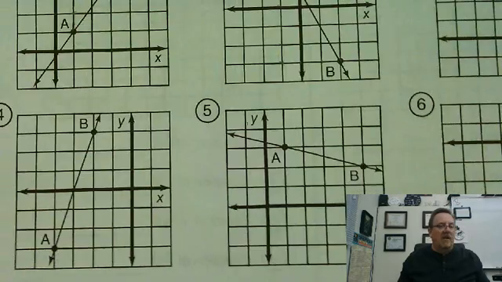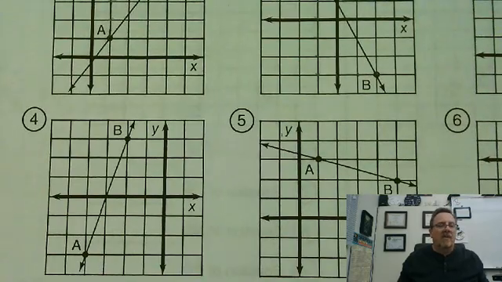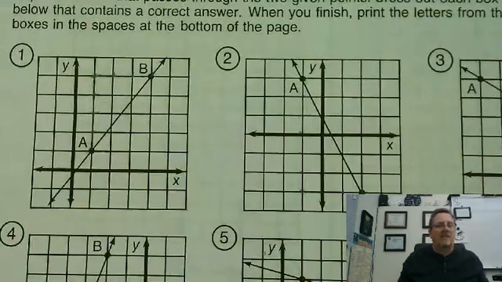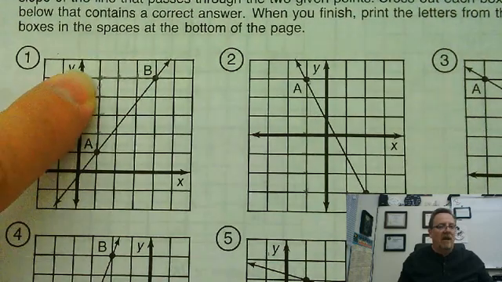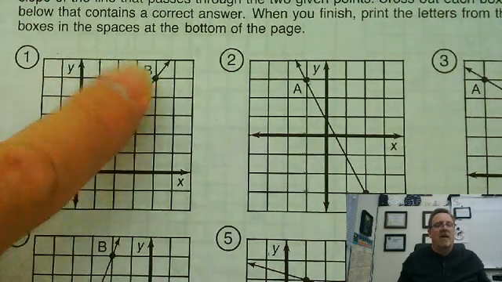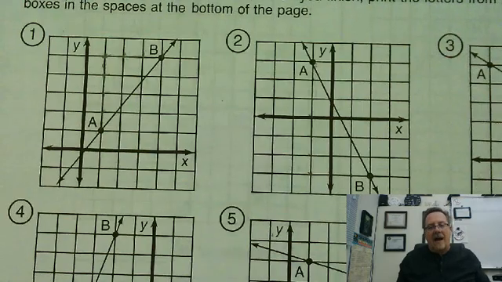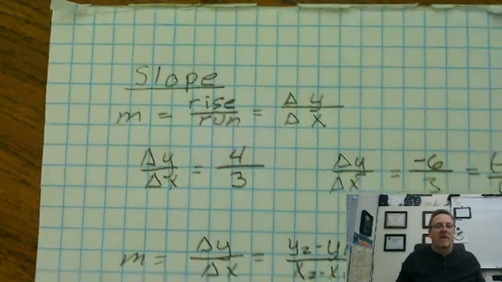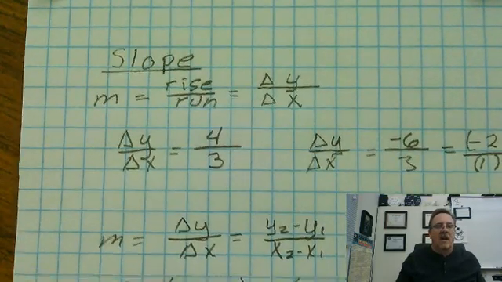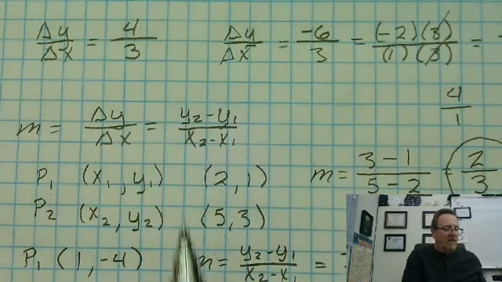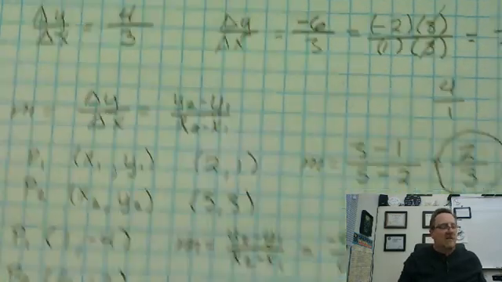Also, it's an important thing to be able to read the slope from a graph. Remember what we did last video. Count the change in y, count the change in x, make yourself a fraction. The fraction is your slope. Slope is rise over run. The change in y over the change in x. It is the difference of the y's over the difference of the x's.